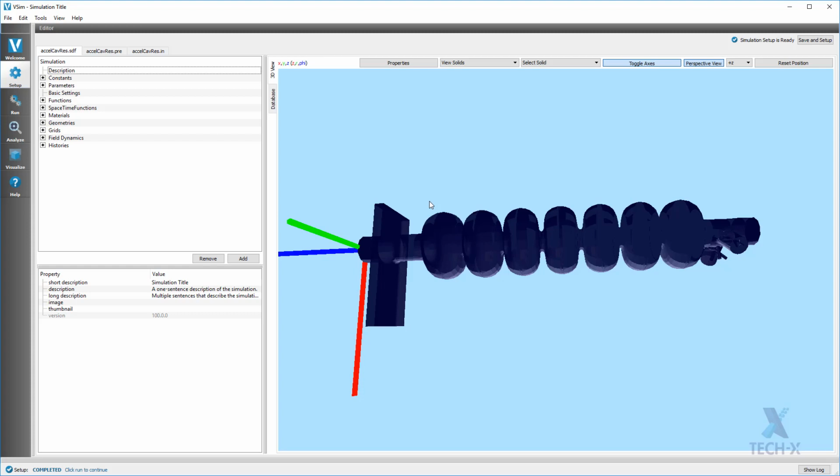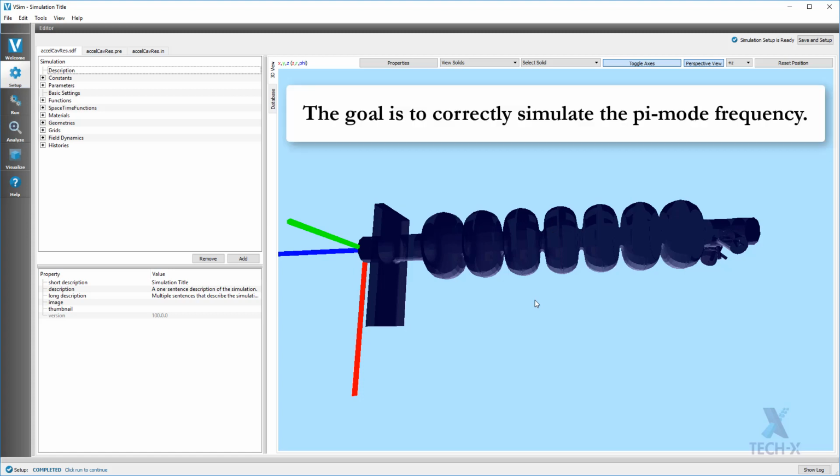In the case of an accelerating mode, or a pi mode, that means we will have alternating signs of electric field in each cell. And not only will they be alternating in space, but they will also be oscillating in time at a particular frequency. And it's that frequency that we want to ensure we can simulate correctly.